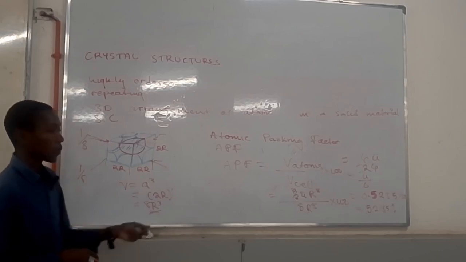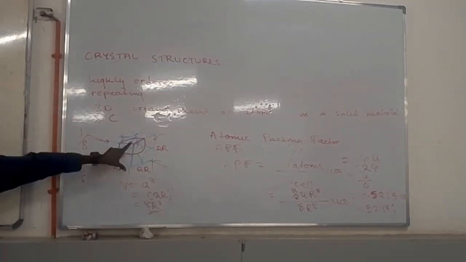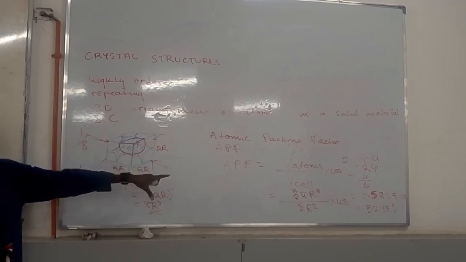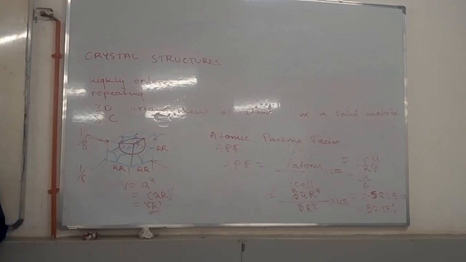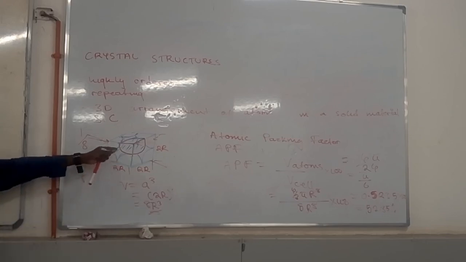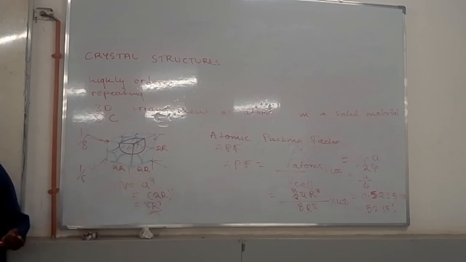52.35%. So what that means is that the atoms in this unit cell have only occupied 52.35% of the unit cell. Do you understand that? That's the amount of space that this atom has taken inside this unit cell.